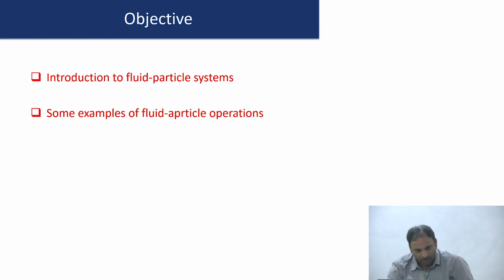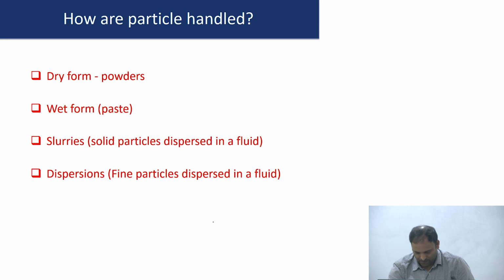Okay, just to begin with, particles are kind of everywhere, right? You look at any chemical industry or any industry in general, you will always have particles, right? Particles are dealt with in different forms, as listed here. You can either work with particles in the dry form. Okay, there's a lot of interest in looking at powders, processing of powders.